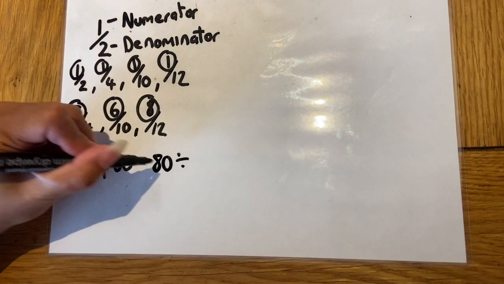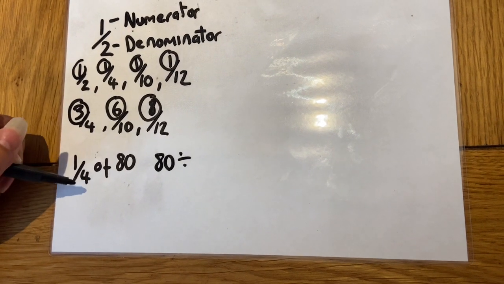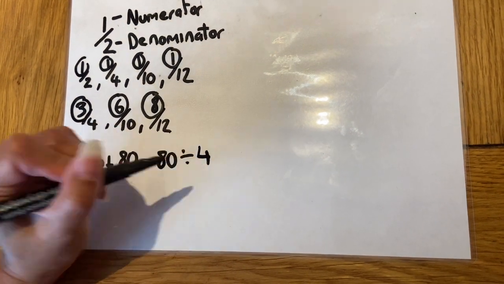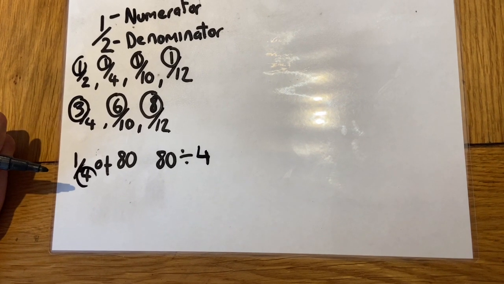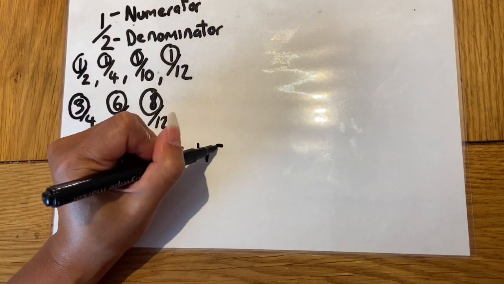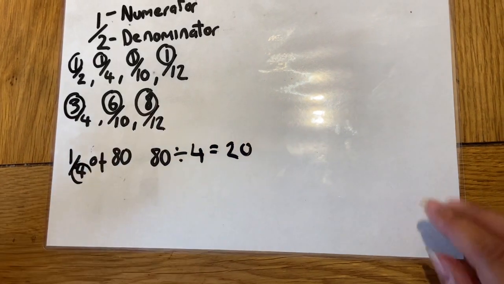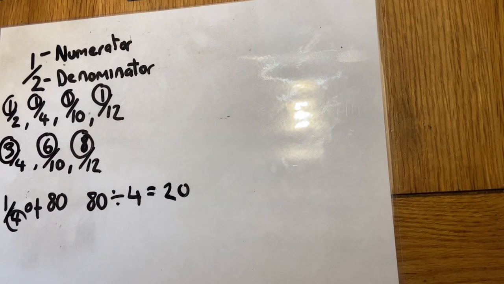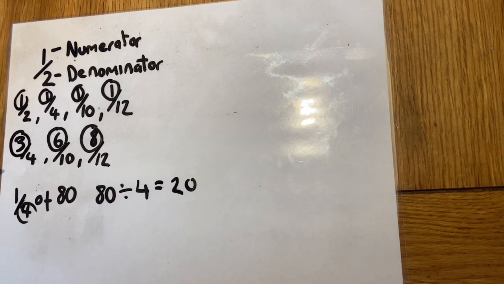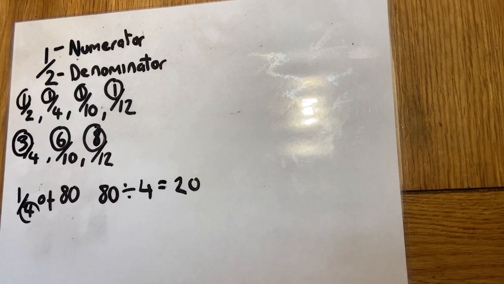So we divide 80 by the denominator, which is that number. And the answer is, Year 5? Brilliant. 20.